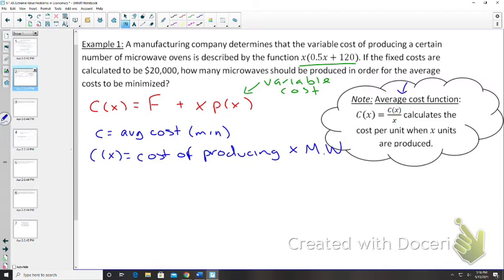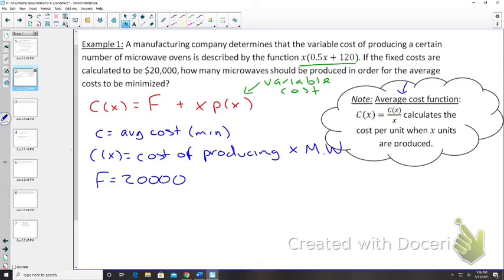If the fixed costs are calculated to be $20,000, so F is 20,000, how many microwaves should be produced in order for the average cost to be minimized?